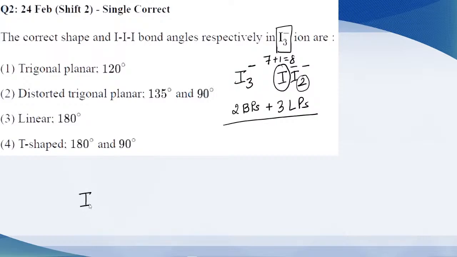Now see, total 5 means trigonal bipyramidal arrangement. So there are axial and equatorial positions. Where will the lone pairs be?